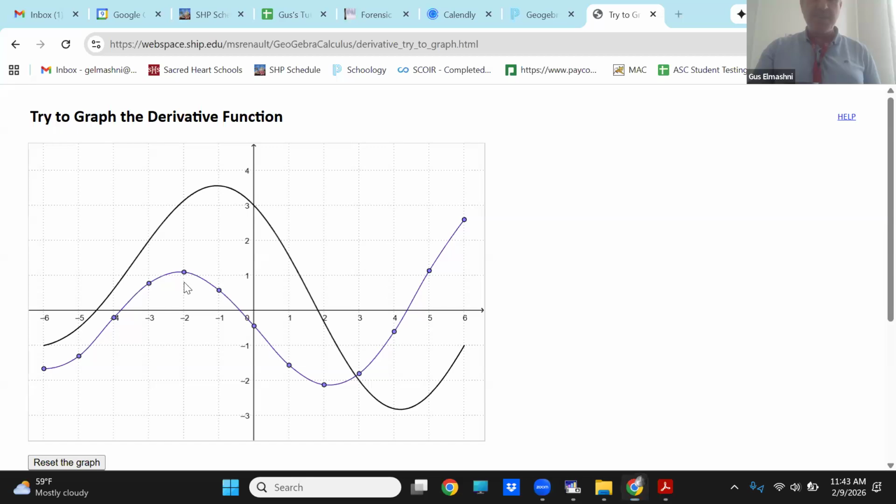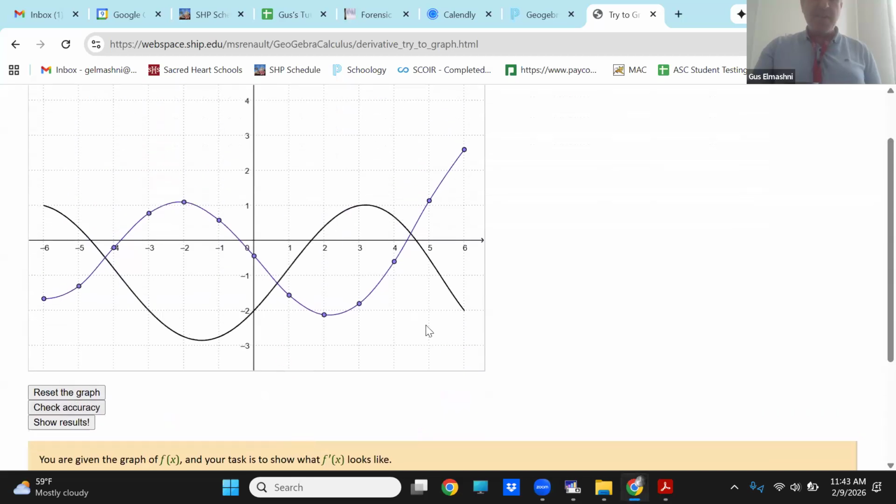All righty. I'm gonna reset this. Okay, so the black curve is the original. We'll call this f of x. Now the one that has the dots is going to be the derivative graph. There used to be another one, I think the U.S. Navy had an interesting one.